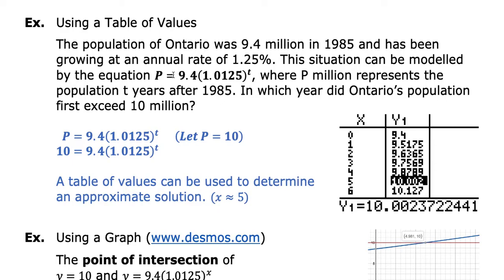So first of all, let's investigate this equation. 9.4 is representing the initial value, and this is expressed in millions. This factor, 1.0125, is an increase by 1.25%. So when we multiply by 1, the first component, we get the original value back.